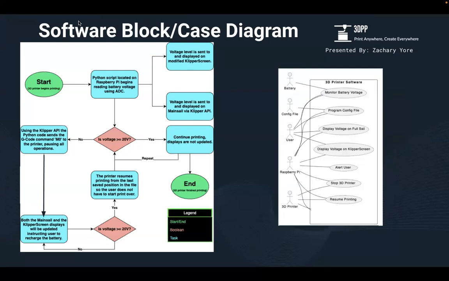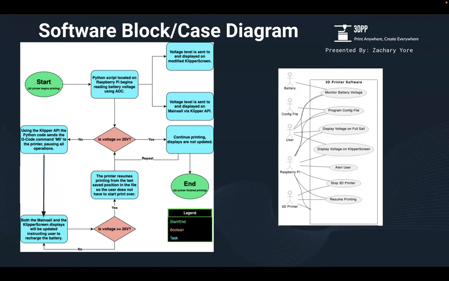So here you can see what the actual software is doing through our block and case diagrams. First we'll look at our block diagram. The printer starts, and the Python script located on the Raspberry Pi begins reading the battery voltage using the ADC. From this step, the voltage is then sent to two on-screen displays.